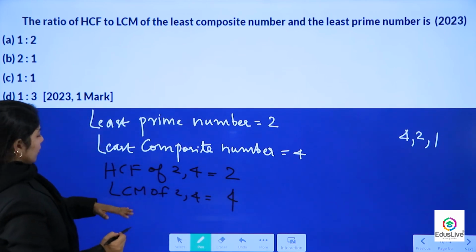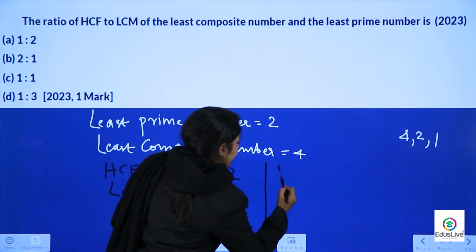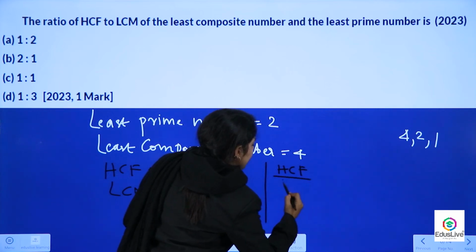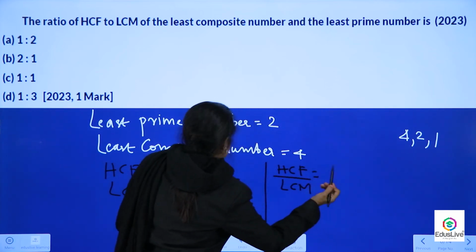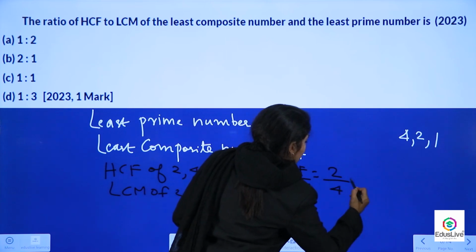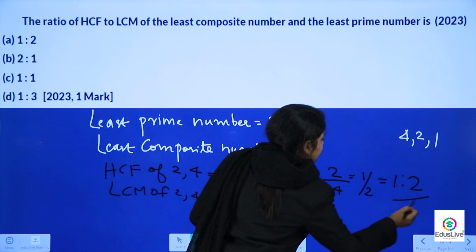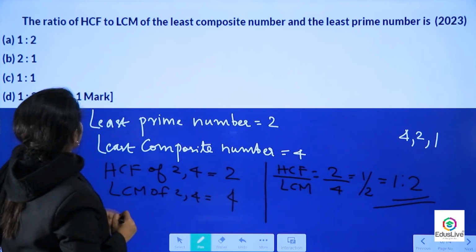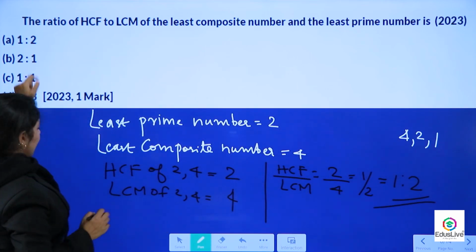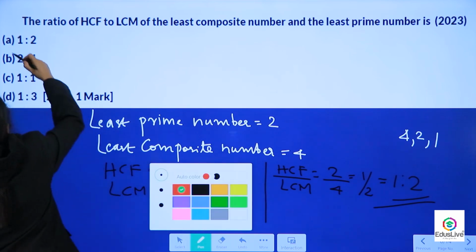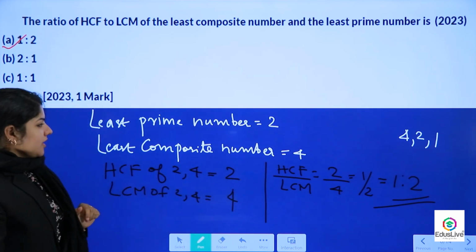Now its ratio, that is HCF by LCM, which is 2 by 4, 1 by 2, that is equal to 1:2. Okay, HCF to LCM. So the correct option is option A, 1:2.